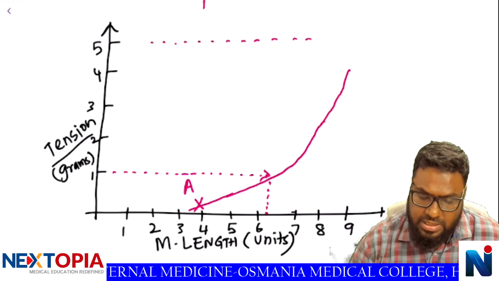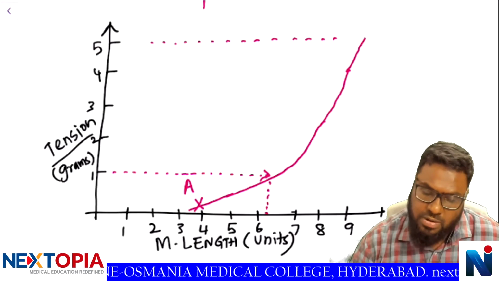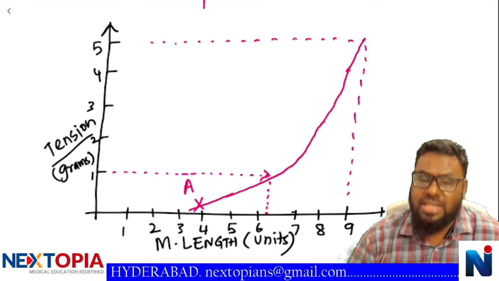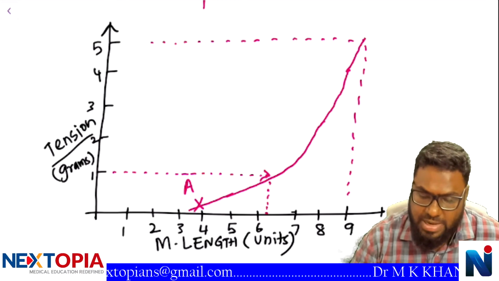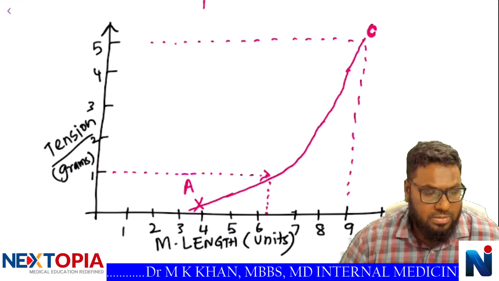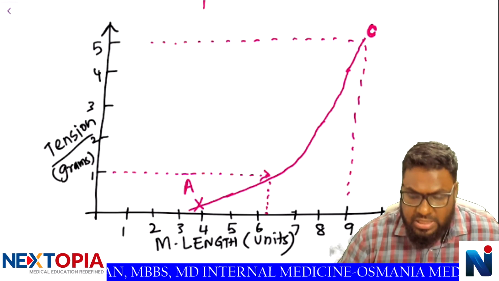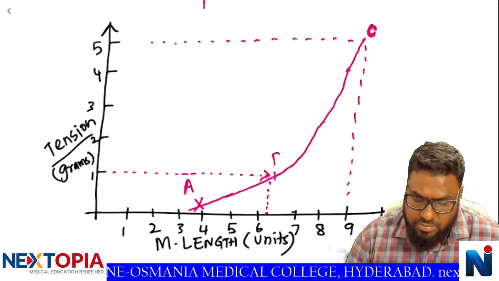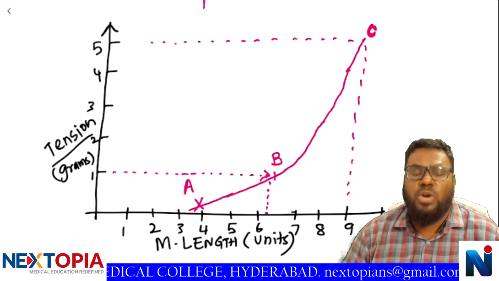With increase in the weight, say you have come up to 5, and the maximum length that is achieved is 9. This maximum length that is achieved, you are calling it point C. And somewhere is point B. What is this point B?